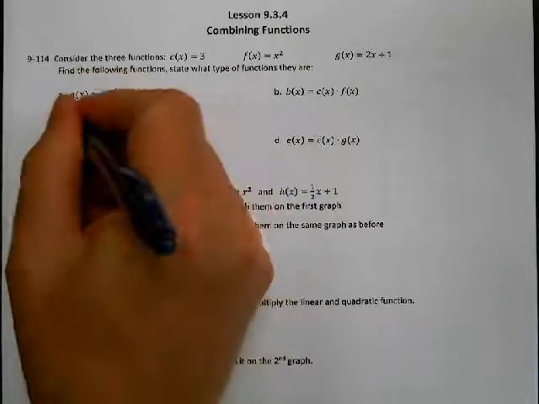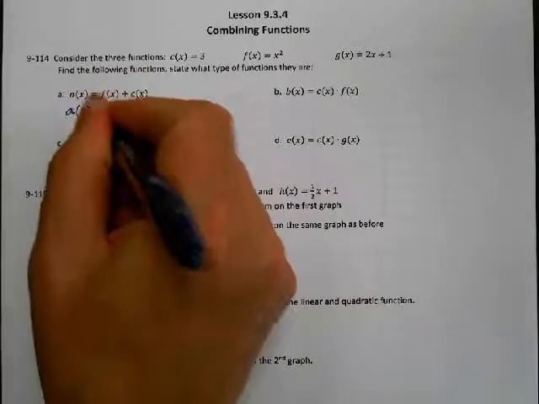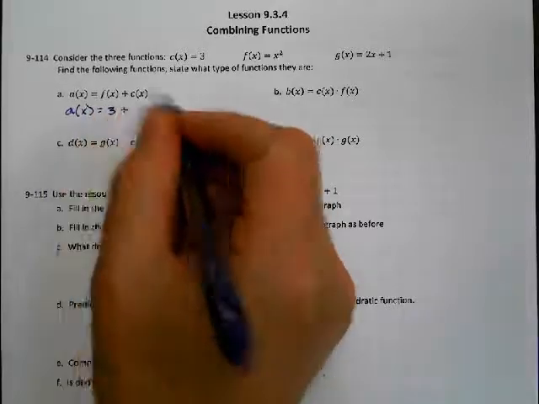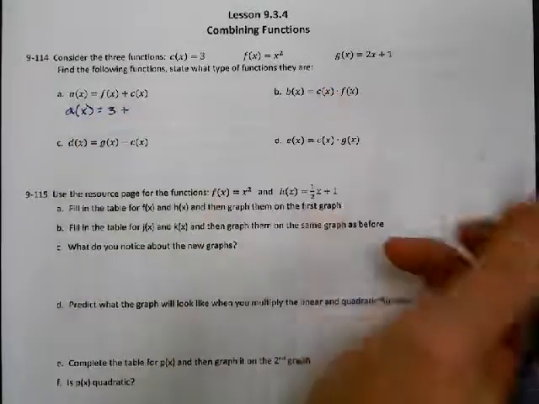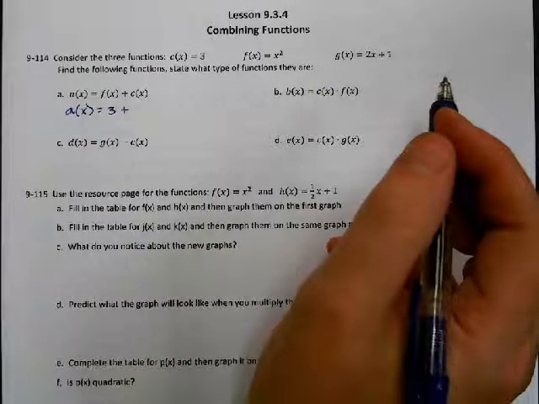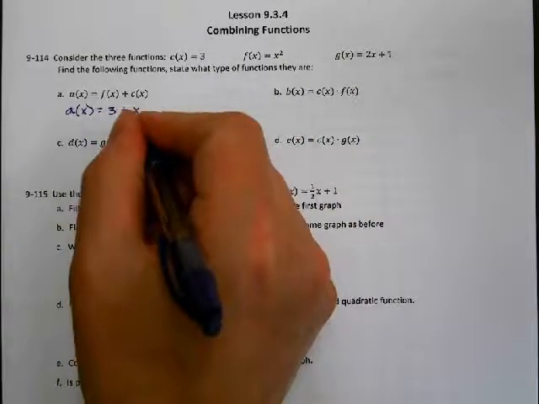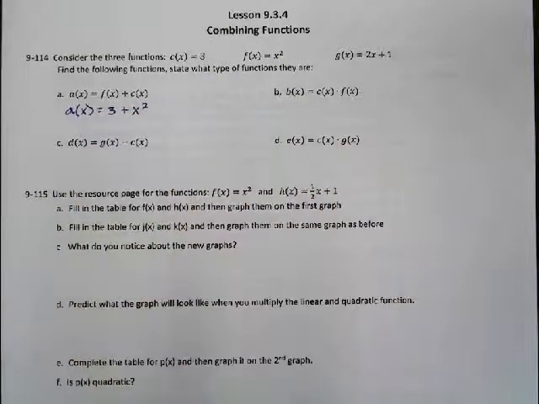So a of x, f of x is... no, that was... f of x is x squared. Messed that one up. All right, so we get x squared plus 3.